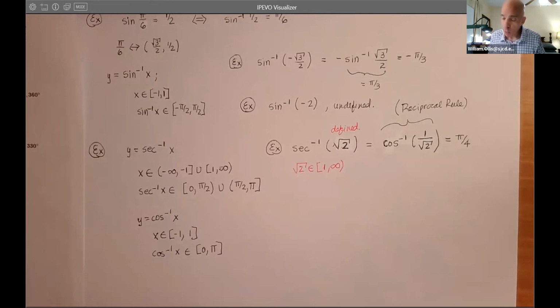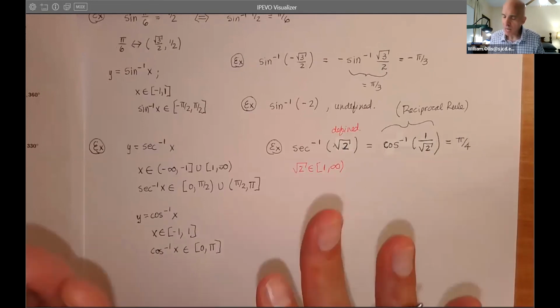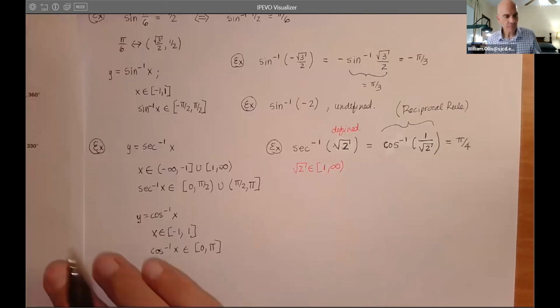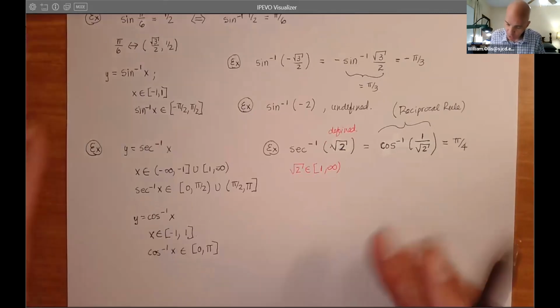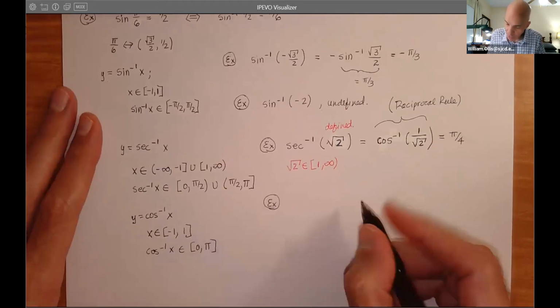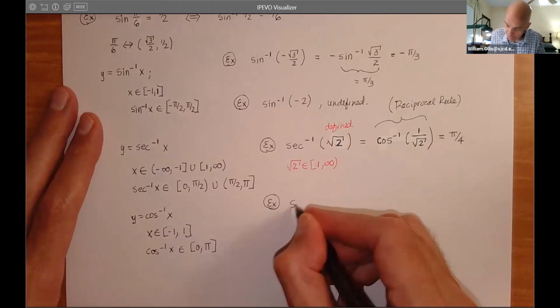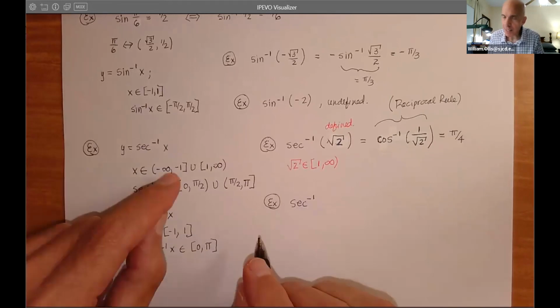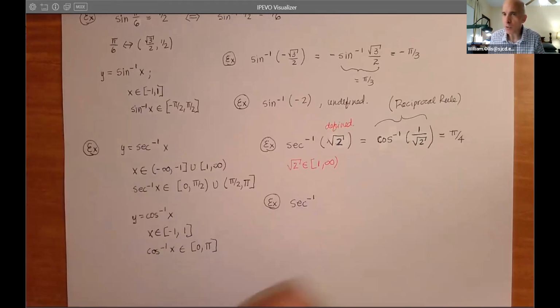Now, so we think, okay, we got this nice reciprocal rule. Let Professor Ron get a little bit more clever here and throw in some negatives. So here's another example. Say we have inverse secant, and let's think of something that's in here, but in the negative category. So let's flip over a value that we know of the output of the cosine function.